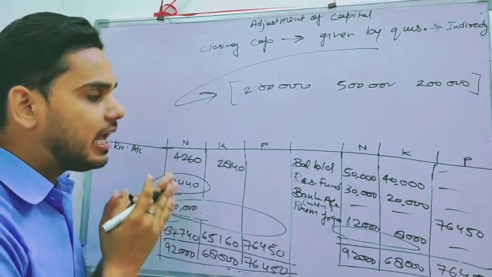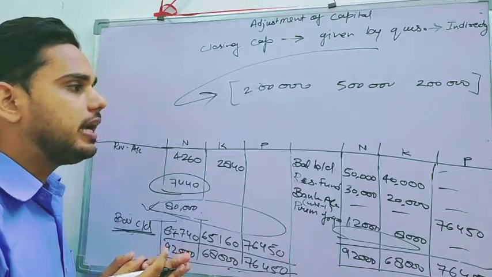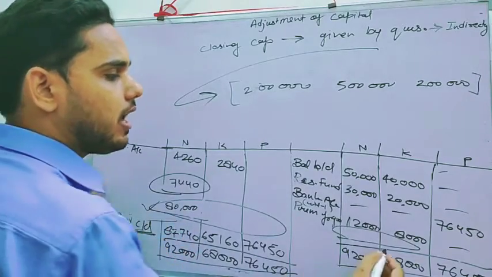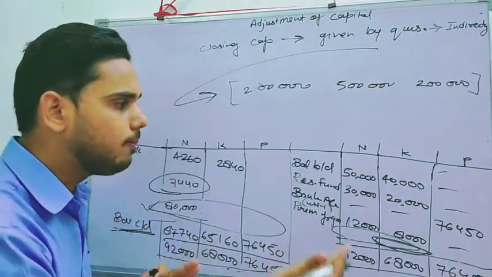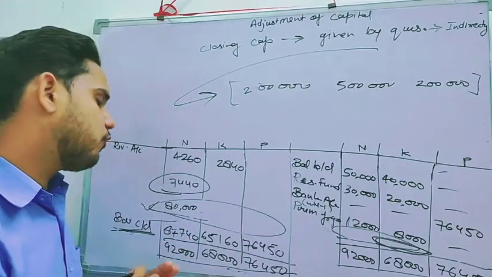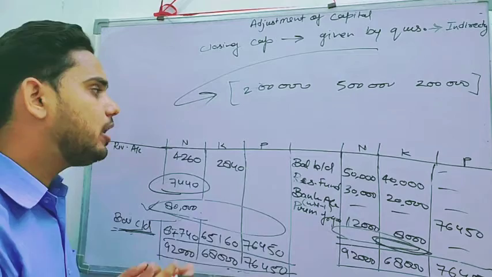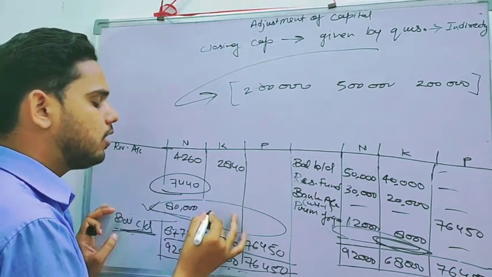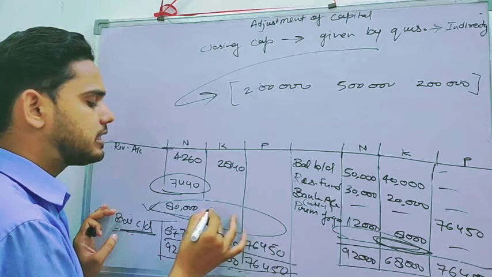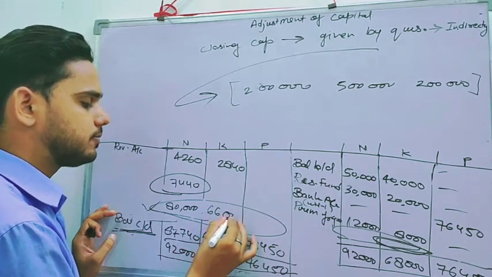In the same way, it can also be possible that in some cases there is a difference on the credit side as well. Say for example, the quotient told us that K's closing capital will be, let's suppose, 66,000.